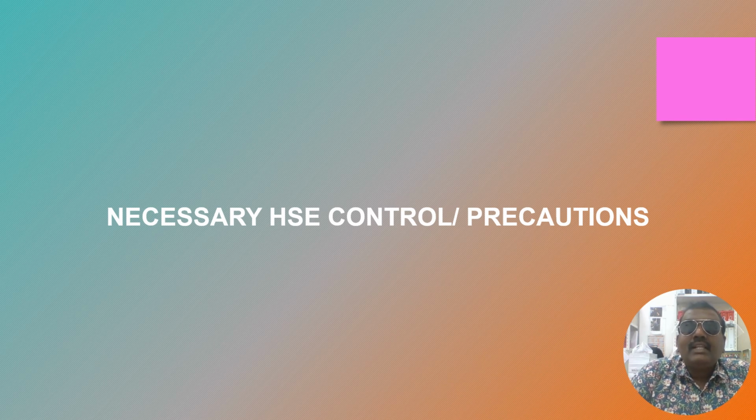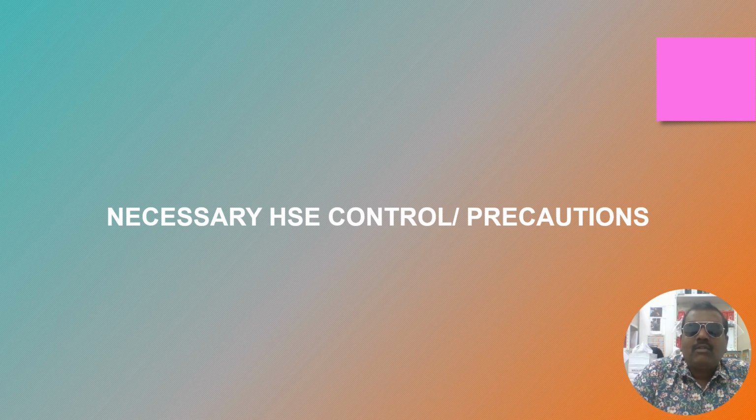These kinds of disasters should not happen in our project. So to control the site condition and to maintain a safe work environment, there is a necessity of HSE control and precautions in the workplace.